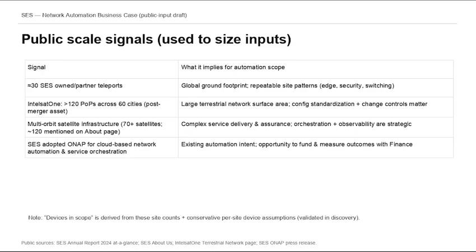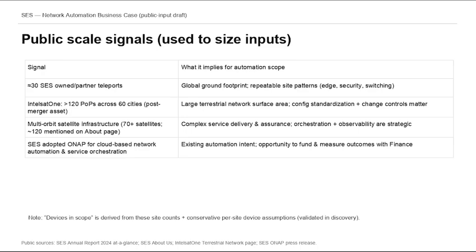So what that implies is we have a global ground footprint, repeatable site patterns, edge security switching. So it implies we do have these sites that lend themselves to automation.